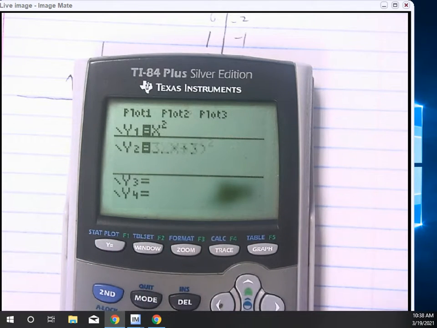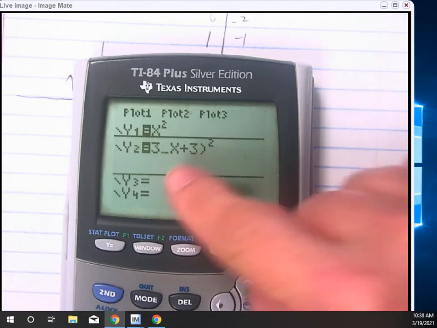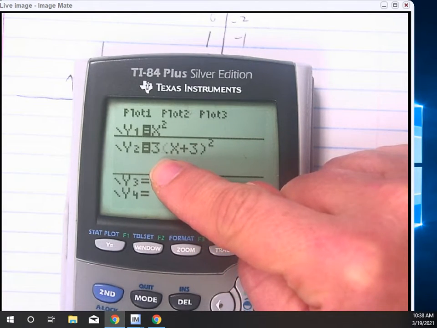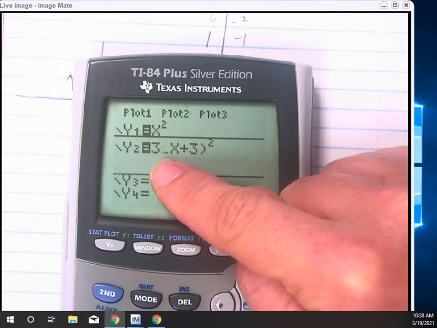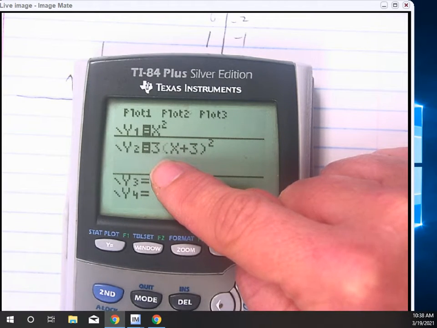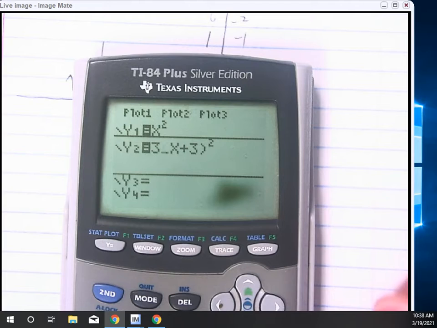If I have a 3 in front of parentheses, what does the 3 do to my graph? What did the 2 do to the parabola? If it was just 2x squared, what did that one do? What is that called?